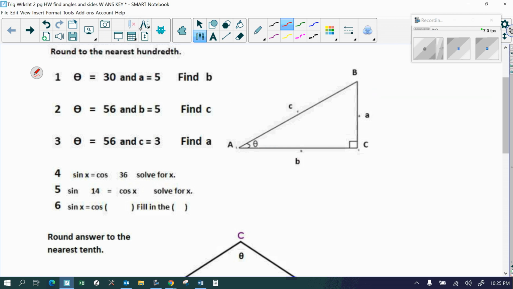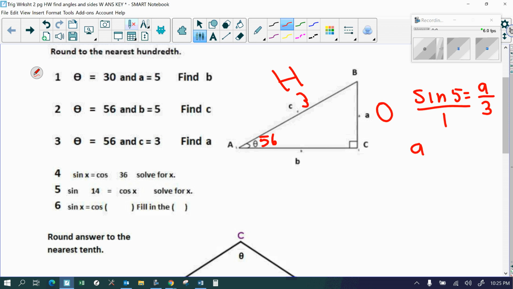All right, do it again. This is just randomly generated. I can't believe it randomly generated 56 twice. Okay, C is 3. Find A. A is the opposite side. 3 is my hypotenuse, opposite over hypotenuse is sine. So I have sine of 56 equals little a over 3. Cross multiply, I get A equals 3 sine, forgot the 6, 56.